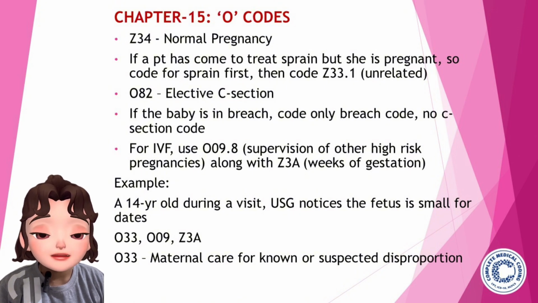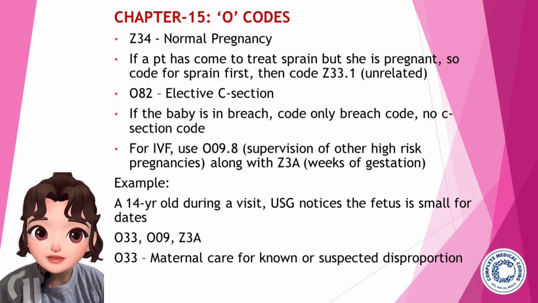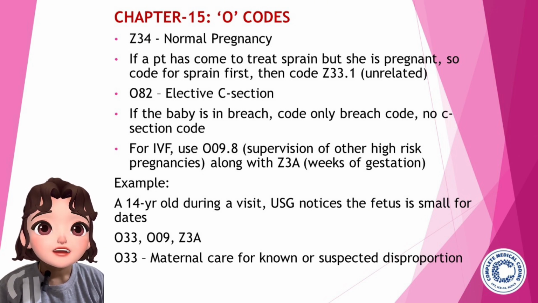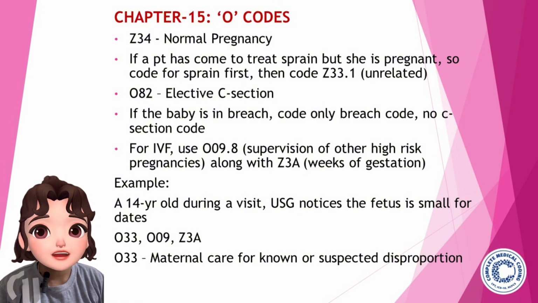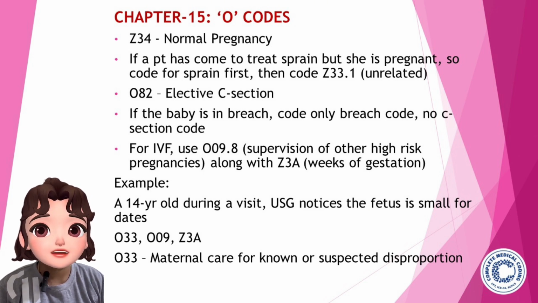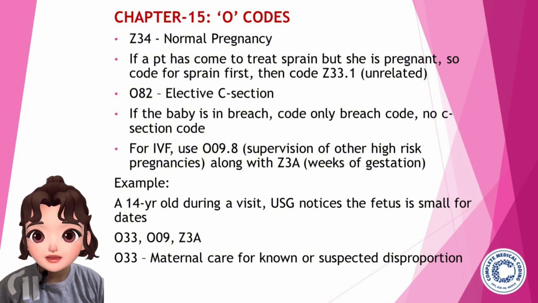So if a patient is coming to the hospital, to some specialist doctor, to treat the sprain, but she is pregnant also. But for what condition has the patient visited the hospital? For the sprain, right? So code for the sprain first, followed by the unrelated code, because pregnancy is not related to the sprain. So that's why Z33.1, which represents the unrelated condition of pregnancy.